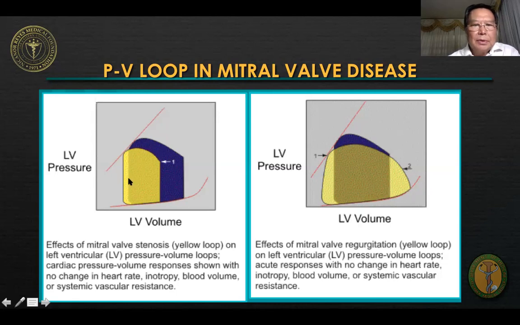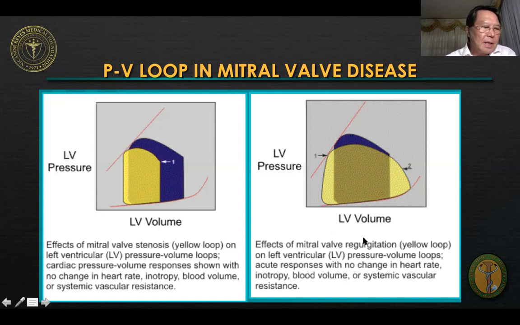And if you try to reference it with the normal, from here to there would be your normal stroke volume. In patients with mitral stenosis, the stroke volume would be significantly lower, right? Now over here is the pressure volume loop in patients again with valvular heart disease, mitral valve regurgitation.